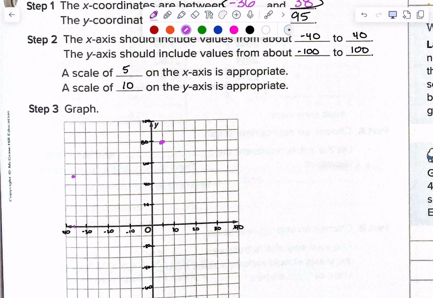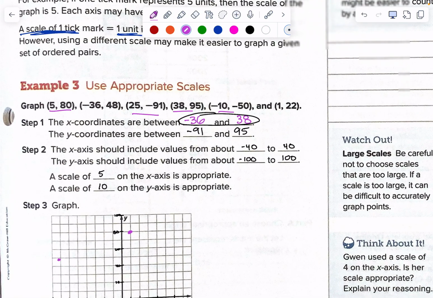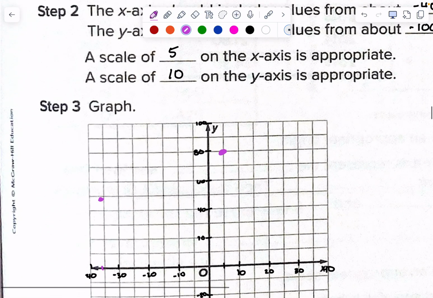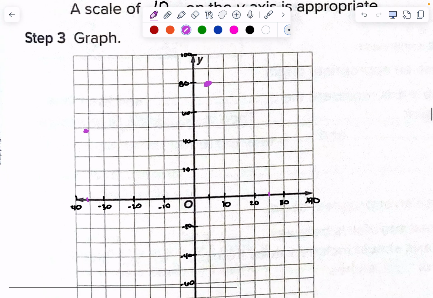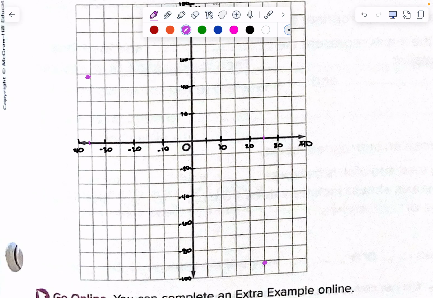Negative 36 comma 48, yeah? Is that the right spot? Try to get these to the right spot. Okay, (25, -91). 25 is here, negative 91 is right about there. That's your next point.